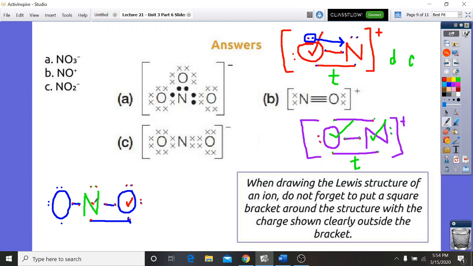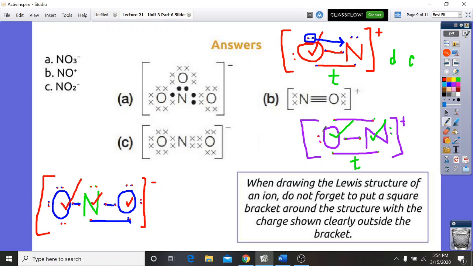Also for the nitrogen, so nitrogen is complete. This oxygen only has 1, 2, 3, 4, 5, 6, 7. However, the molecule says that it adds an electron in to make it stable. So I'm going to add it here where it's needed. And now this oxygen has the 8 it needs.